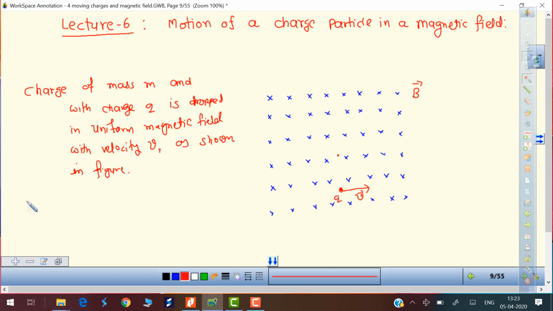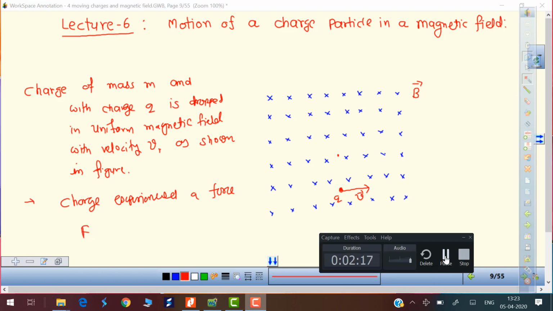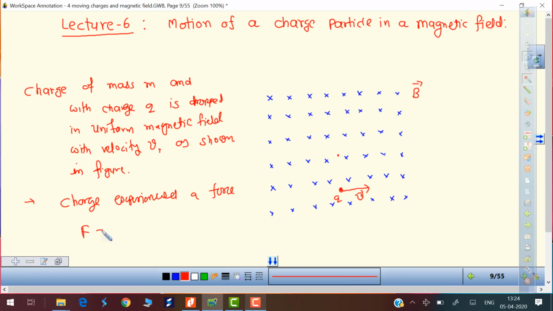So the charge experiences a force, that we know. A force F is equal to q v cross B. That is what we discussed in the last lecture. Now we check the direction.